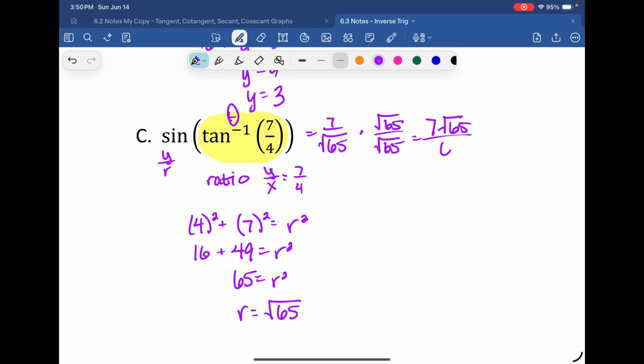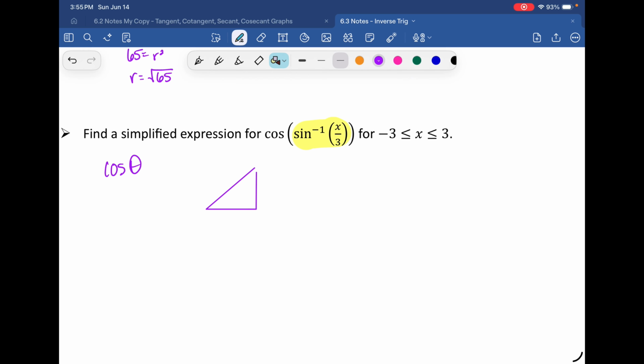All right, find a simplified expression for the cosine of the inverse sine of x over 3. Because remember, all of this, that's an angle. So I'm really asking for the cosine of some angle. All right, but if I consider that I have inverse sine, let's say that's where my theta is.